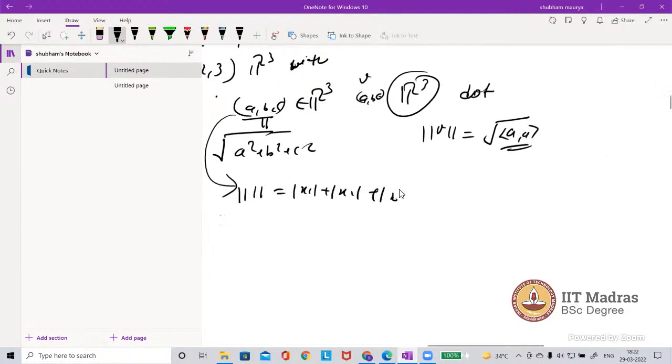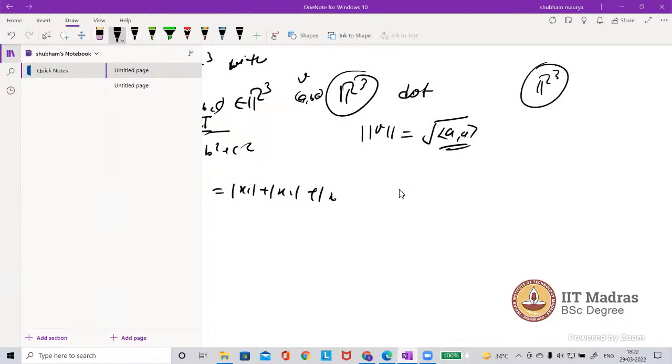Now somebody says there is no concept of a vector space or inner product, and says find the length of an element ABC. I am using a different word. Find the length of an element which is this one. So what is the definition now? A square plus B square plus C square. That's it. ABC is also a vector, no, sir? So I am saying R3 is a set.